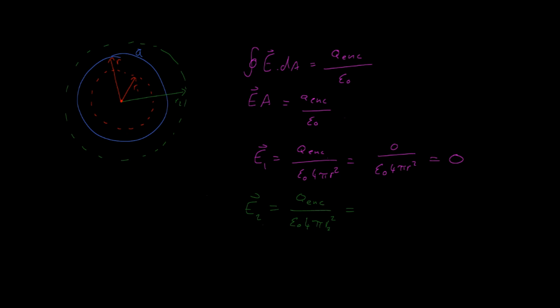Now this time it's going to have an electric field because there is a charge inside, so that's going to equal Q over epsilon naught 4 pi r squared. So as you can see, it is dependent on the charge inside a Gaussian surface. It doesn't matter what's outside, it's only what's inside.